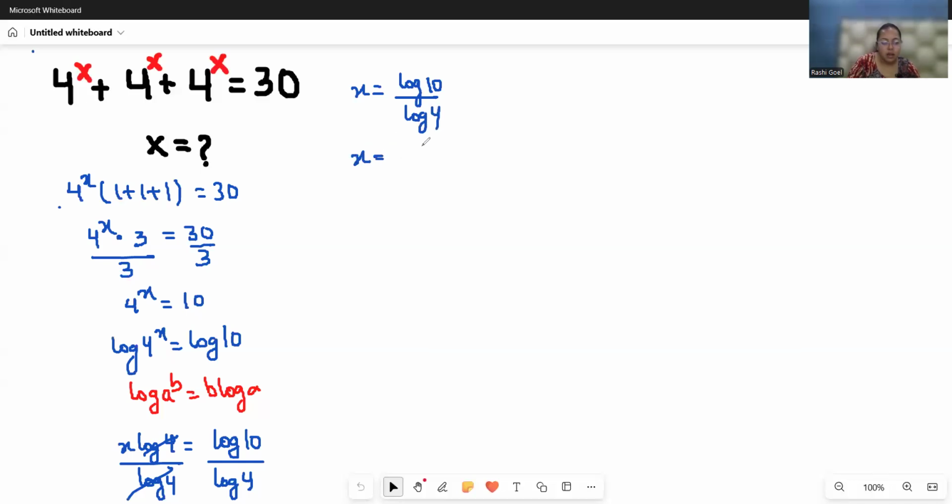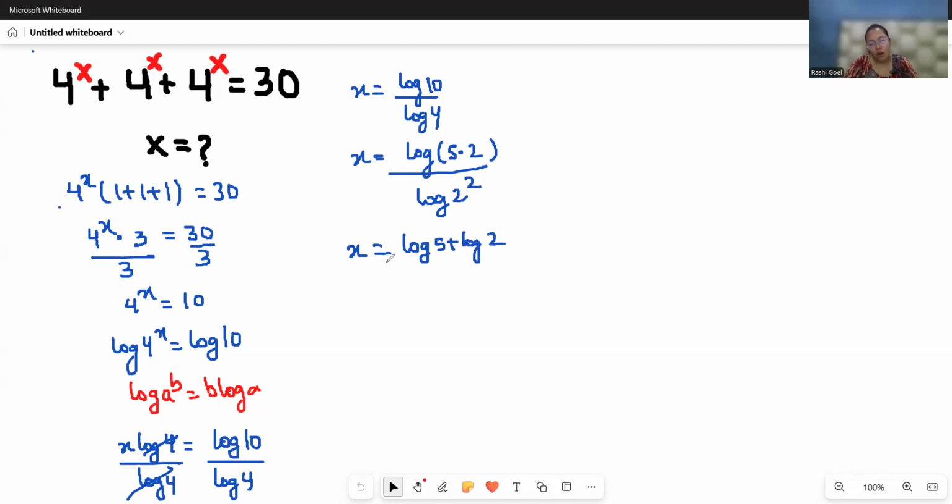This 10, we can write it as 5 times 2, and 4 we can write it as 2 square. So x is equals to, according to log rule, log a times b, we can write it as log a plus log b. So this becomes 2 log 2.